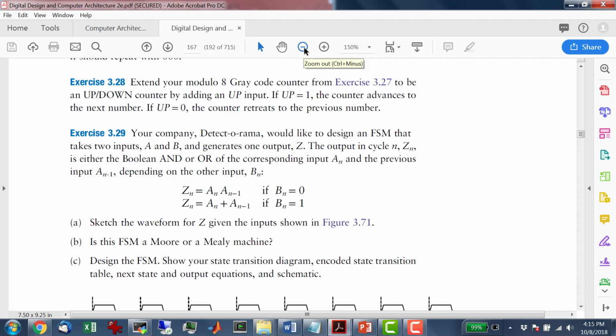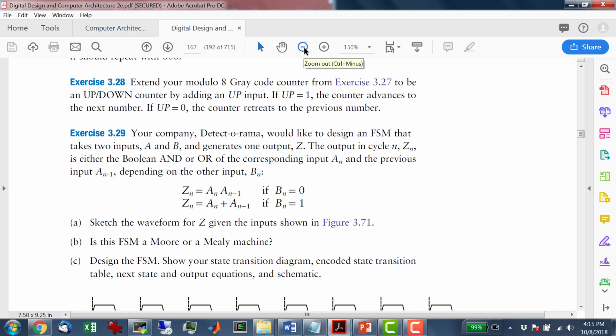So I've got to build that: current state, a, b, z. Current state 0, 0, 0, 0, 1, 1, 1, 1. A is 0, 0, 1, 1, 0, 0, 1, 1. B is 0, 1, 0, 1, 0, 1, 0, 1.